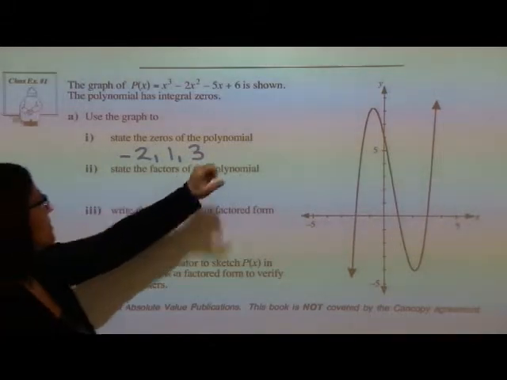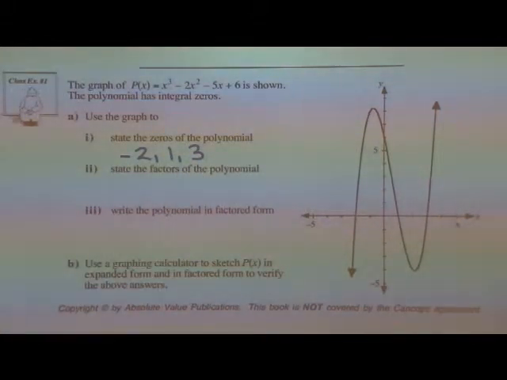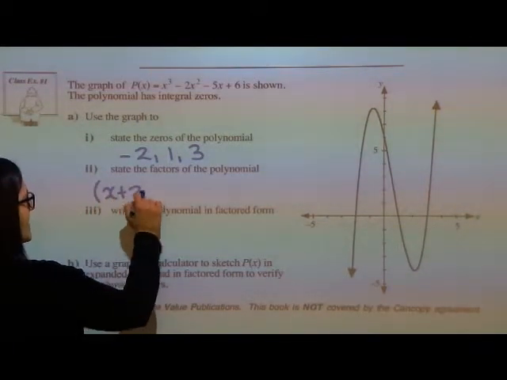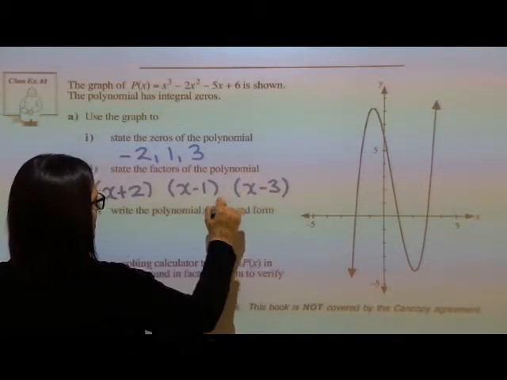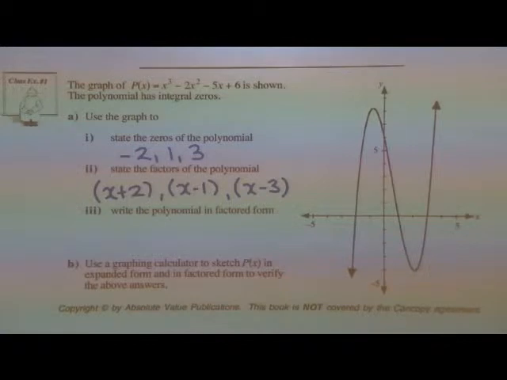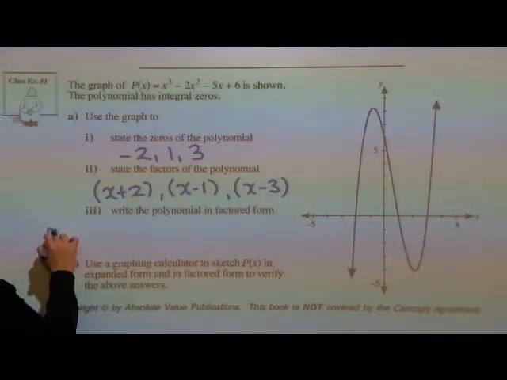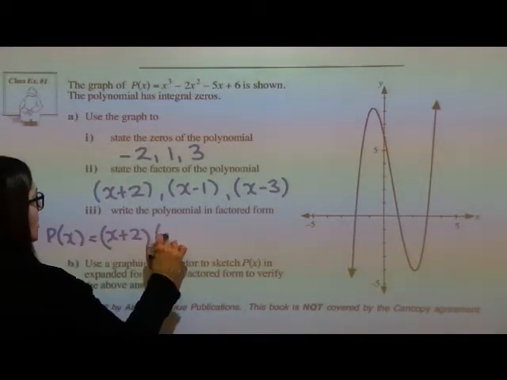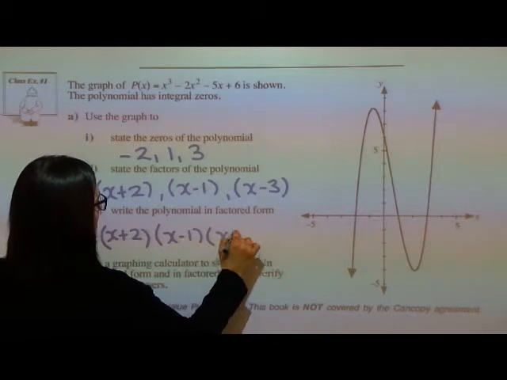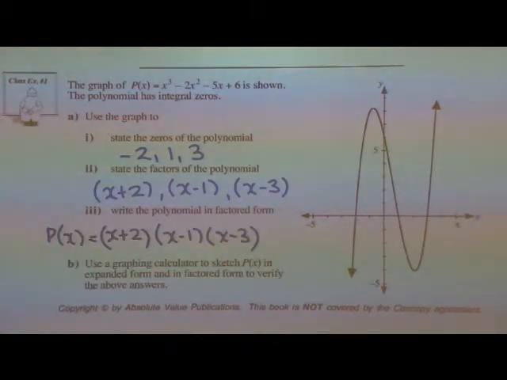Now if I take those zeros and write them as factors, what would I get for factors? So those are my 3 factors, which means in factored form, p of x would equal x plus 2 times x minus 1 times x minus 3.